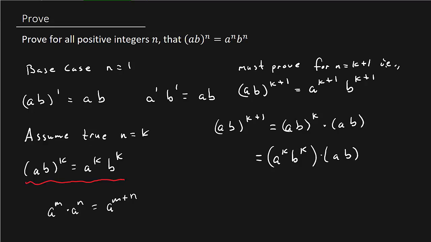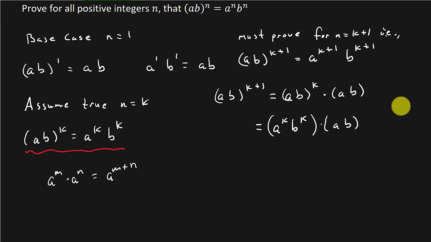so now all I'm going to do is just rearrange the terms, because multiplication is commutative. It doesn't matter what order you multiply in. So in other words, 5 times 3 is the same thing as 3 times 5. So I'm going to write this as a to the k times a times b to the k times b.